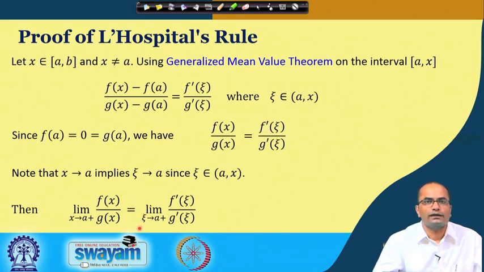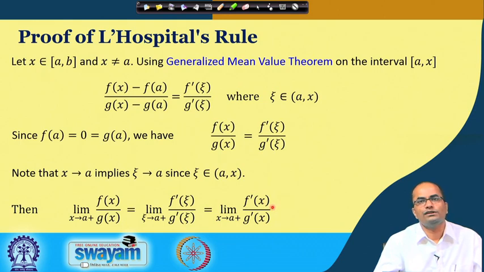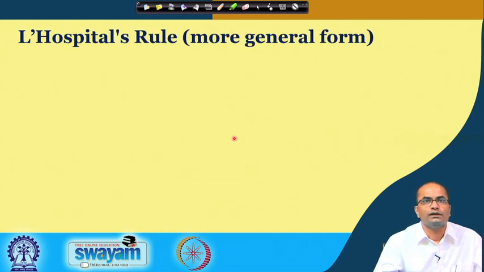And now we can replace this xi by some other name, the most suitable being x. So, what we have seen is that the limit as x goes to a plus of f x over g x is nothing but the limit as x goes to a plus of f prime over g prime. So, this is the proof of this L'Hopital rule using the generalized mean value theorem.